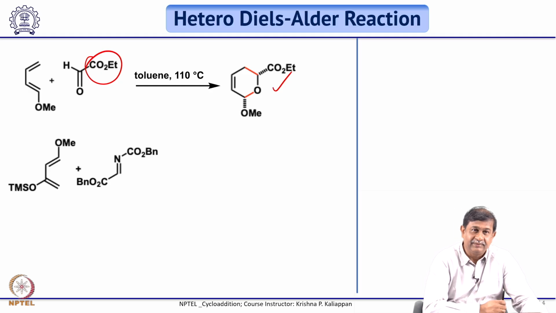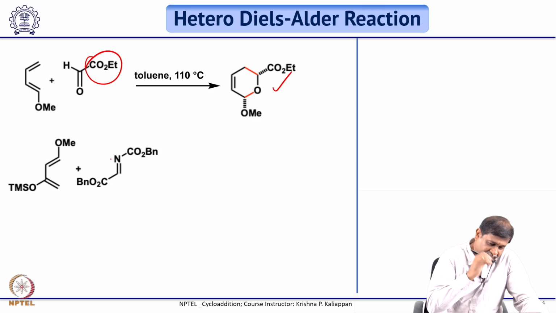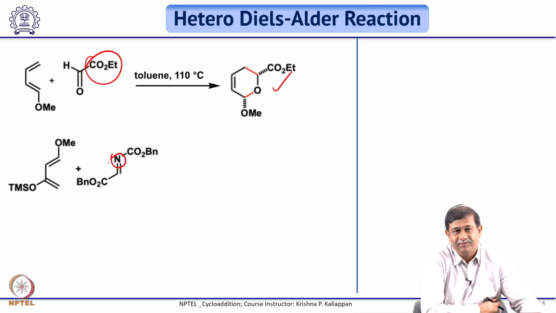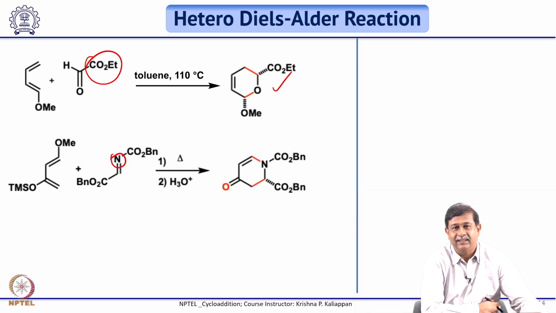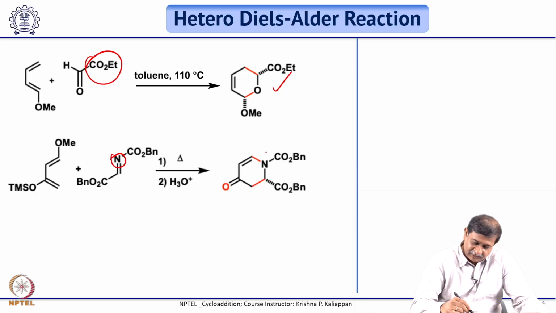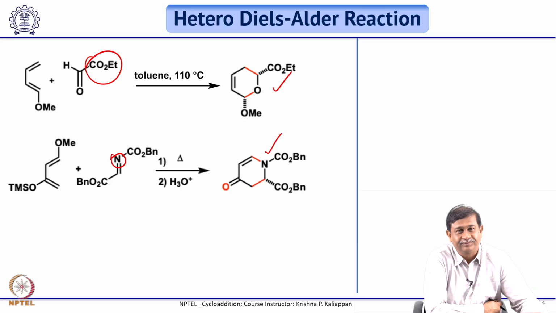And instead of oxygen, one can also have nitrogen atom. Okay, if we have that, then this can undergo Diels-Alder reaction followed by hydrolysis to give this piperidone. It's a very interesting compound.